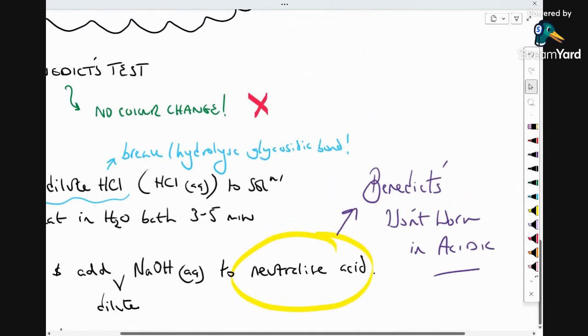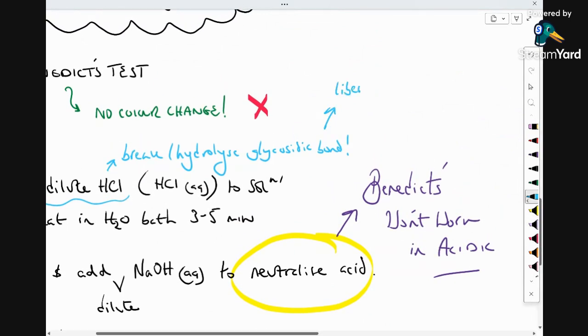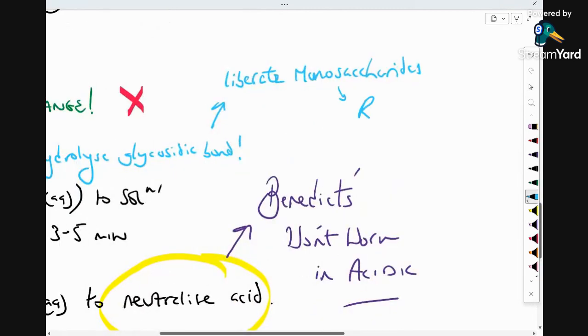That's quite important. And I would also say that the monosaccharides are themselves reducing sugars.